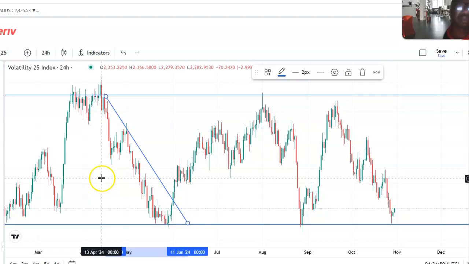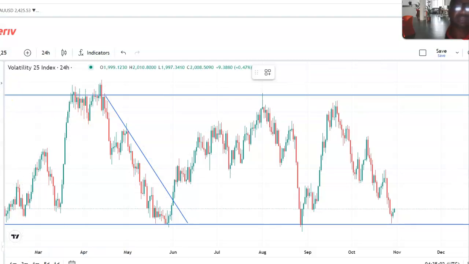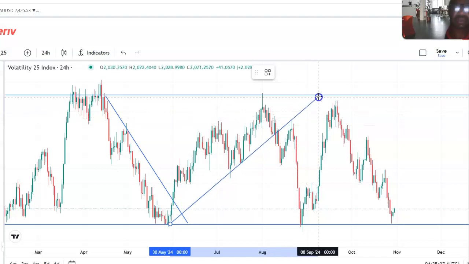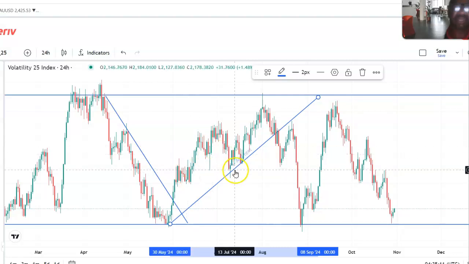Okay. So at this point, you see, market has exhausted in this downtrend movement. So it goes up and breaks out of this place. You can also draw this. Okay. That tells you when market moves up, comes down, you buy, moves up and you sell.